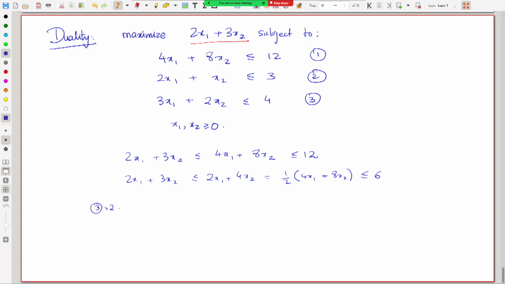But your idea is good: do not just take one equation, take two of the equations and somehow combine them. But you can't do minus, because the direction of the inequality will flip.